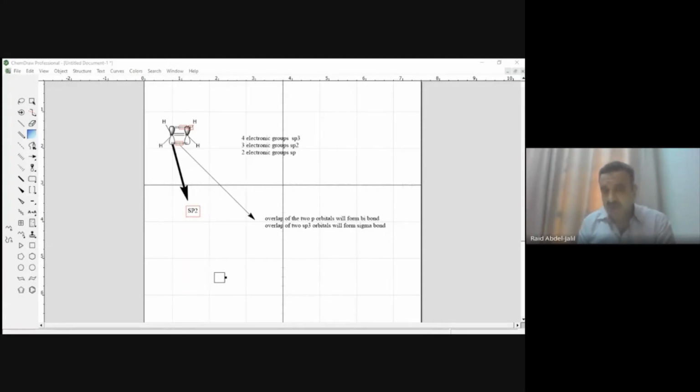So between the two carbons in this compound, we have two types of bonds: one sigma bond and one pi bond. Now the question, the ultimate question all the time, is which bond is stronger and why? Sigma or pi?